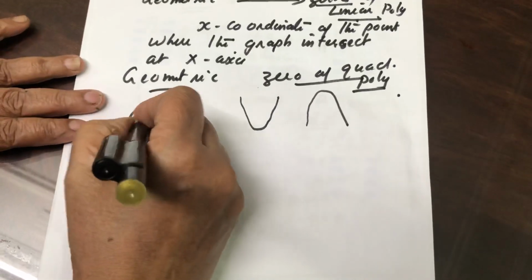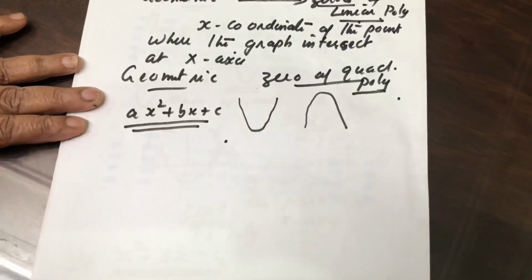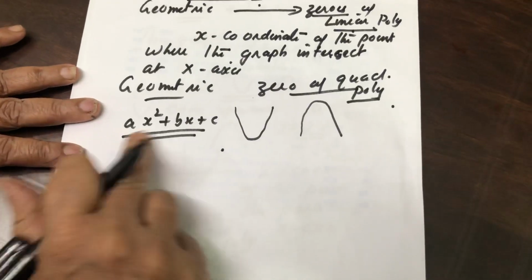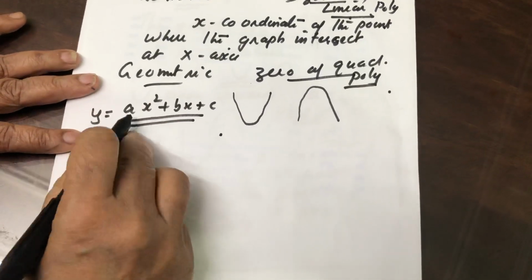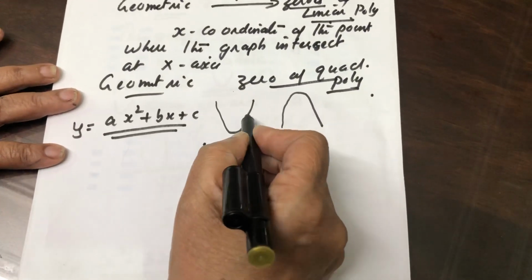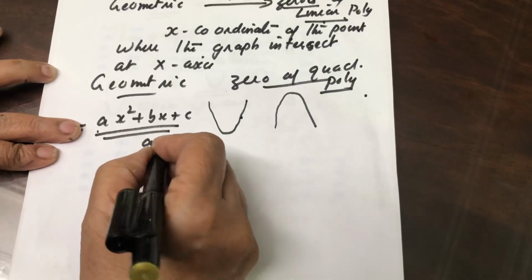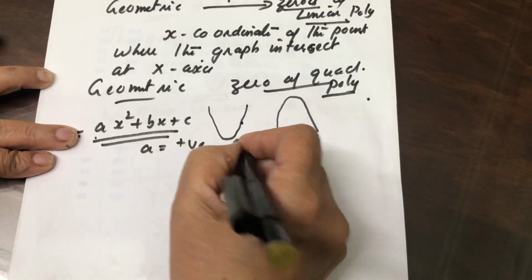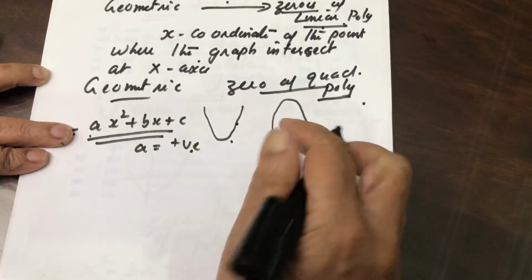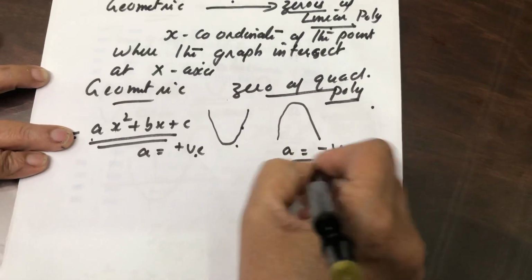So ax squared plus bx plus c is the quadratic polynomial, and the graph representing it is a parabola. It opens upwards when the coefficient of x squared, a, is positive. It opens downwards when a is negative.